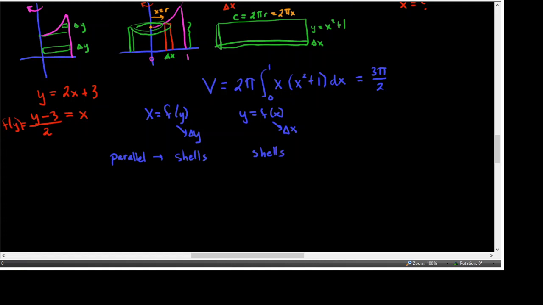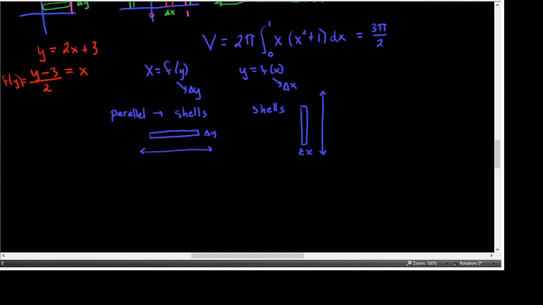And what that would look like in the first case would be if delta y is your rectangle, then the axis of revolution would be something parallel to it, so something above it or below it, like that. And if it's a delta x situation, which will look like this, shells would be because this is parallel to your axis of revolution, something vertical. Could be to the right of it like I've drawn, or to the left.